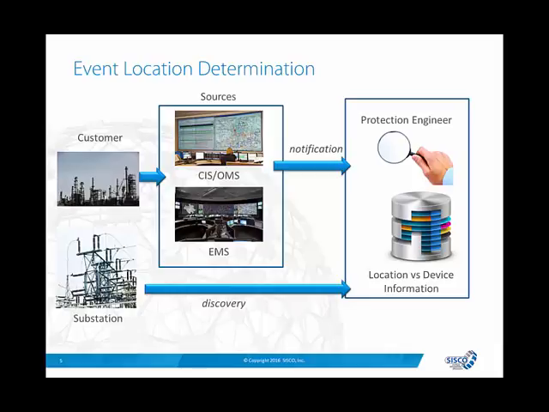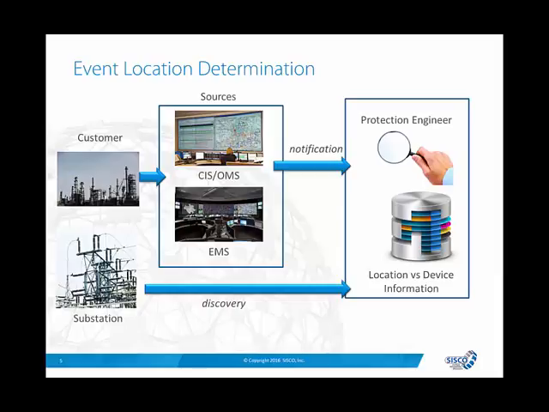Utilities today also have customer information systems and outage management systems that can also be used to notify the protection engineer. In some cases, the energy management system and SCADA systems could potentially provide some type of information to allow the protection engineer to know where to look.